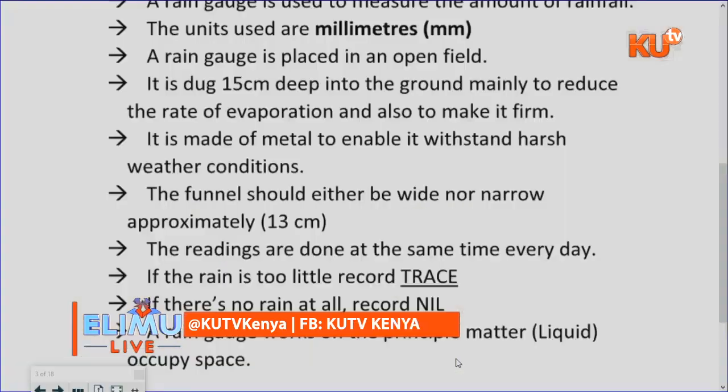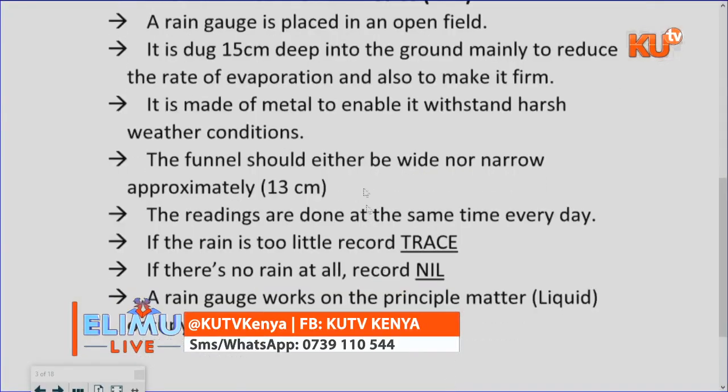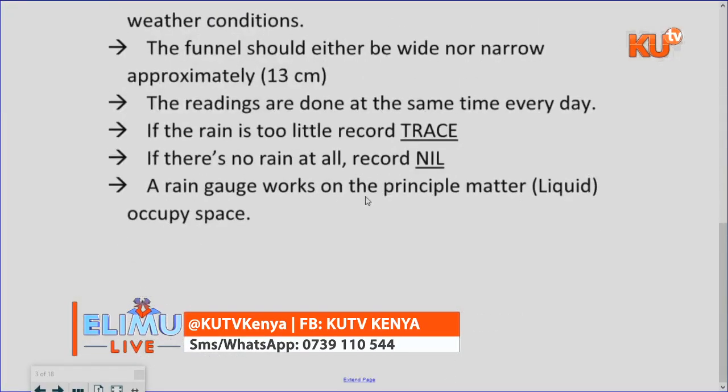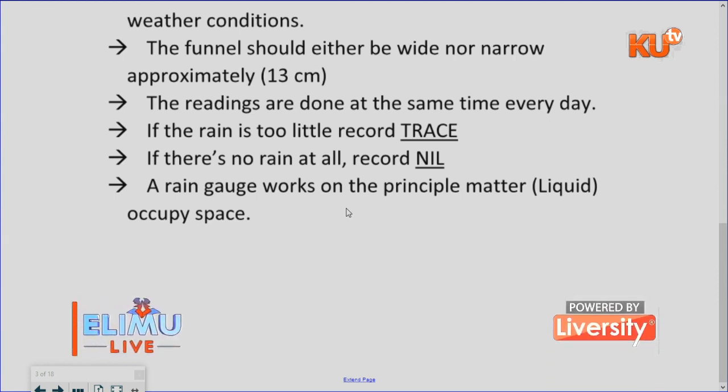You record trace, and it's written in capital letters. Whereas if there is no rain at all, then you record nil.